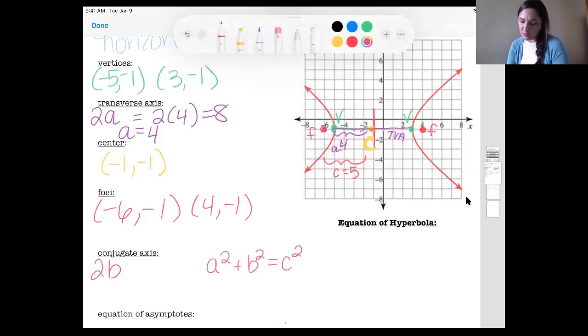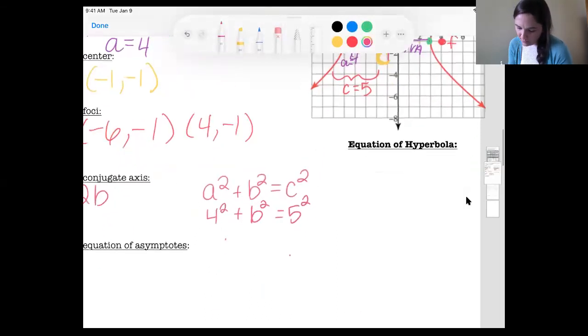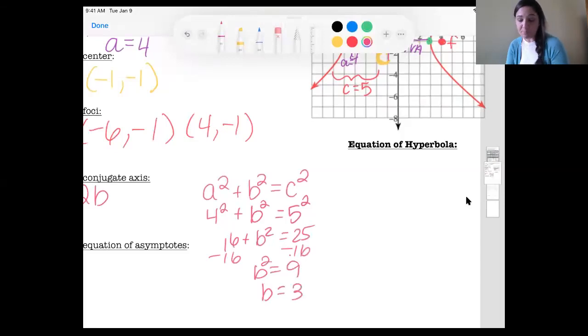All right, so we know a is 4, so a squared is 4 squared. We don't know b, so I'm going to leave b squared as a variable. And then I know c squared, so c is 5, so 5 squared. All right, so we've got 16 plus b squared equals 25. b squared is 9, so b is 3, plus or minus 3, right?